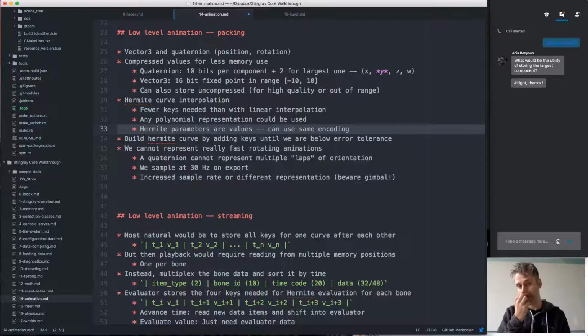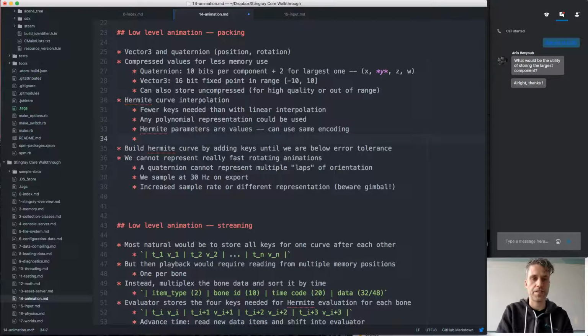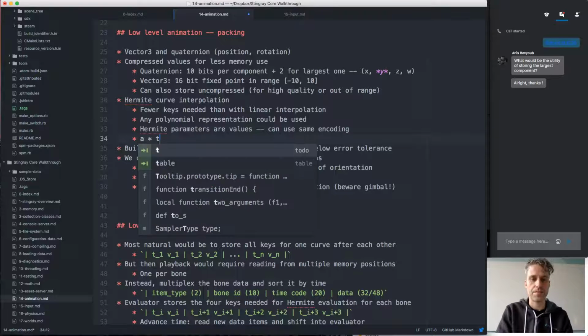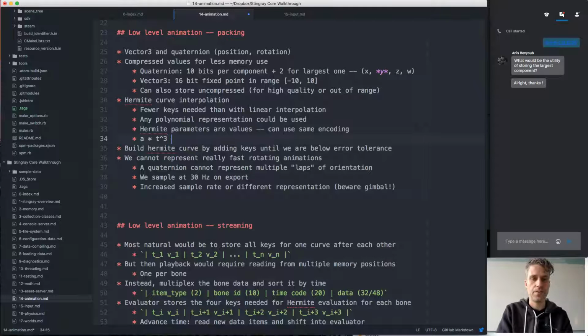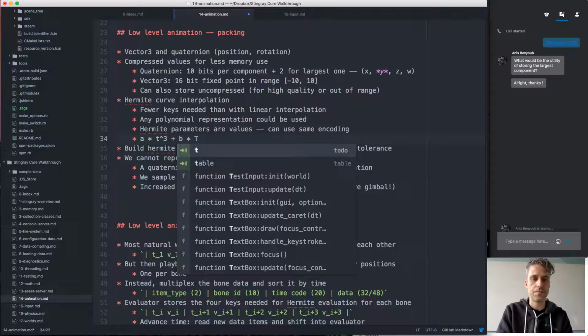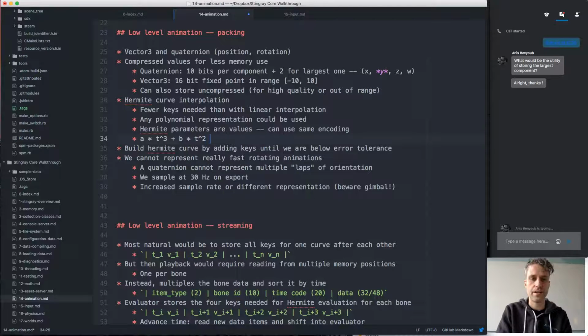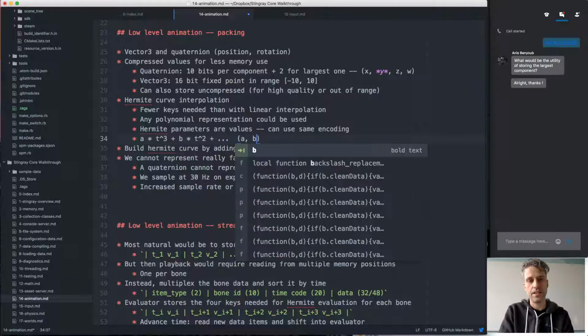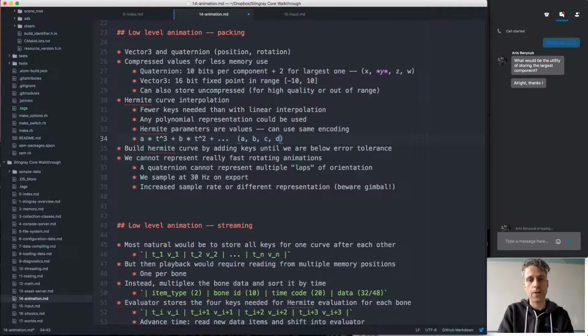So if you use a regular third degree curve, you have something like a times t to the 3, plus b times t squared, and so on, plus c times t plus d. And then to store the curve, you store a, b, c, d.